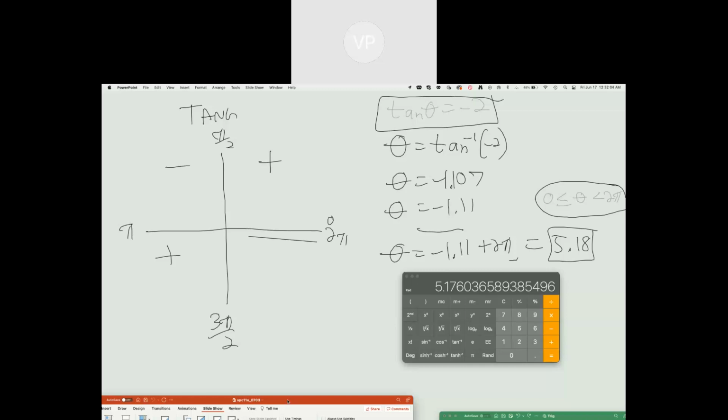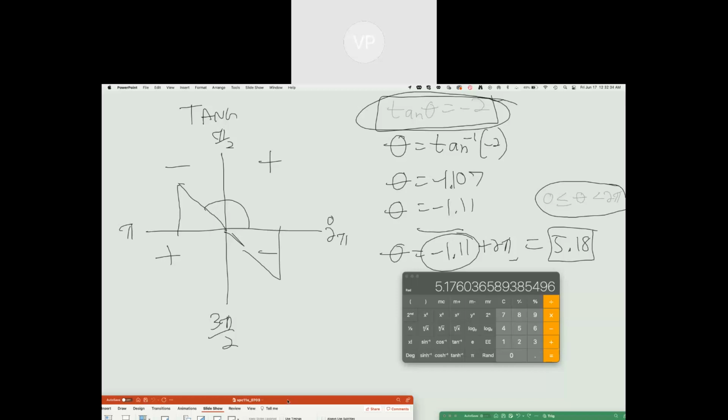Well, it's positive here, negative here, and it's also negative over here. So there are actually 2 places where this happens. There's going to be somewhere over here that has a tangent equal to -2, and then somewhere over here, same thing. Now you notice in our calculator, we only got one answer. We got this -1.11. The reason is, remember the restricted regions.